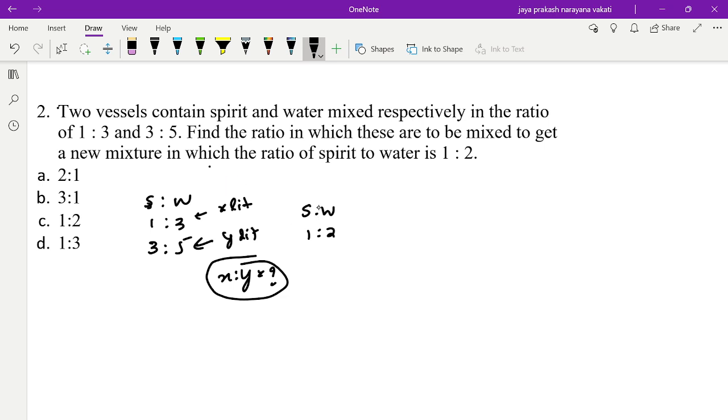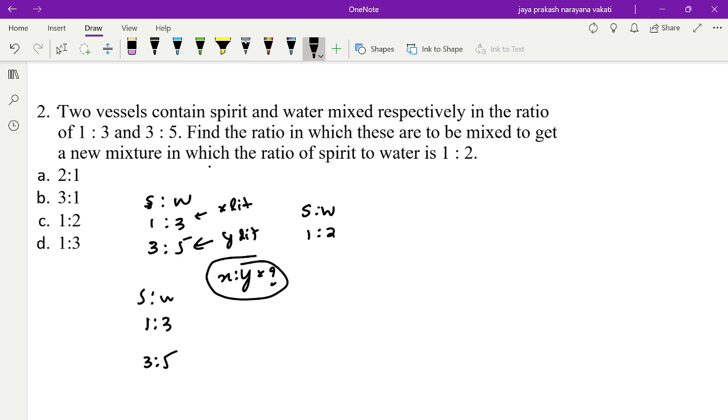In that problem, we calculated the ratio of spirit and water in the resultant mixture, but now the resultant mixture ratio is given, and the quantities in which we need to mix, he is asking you to calculate. In this problem, the numbers are very easy, guys. It is given as 1 is to 3, 3 is to 5, and the resultant mixture has 1 is to 2 ratio of spirit and water.